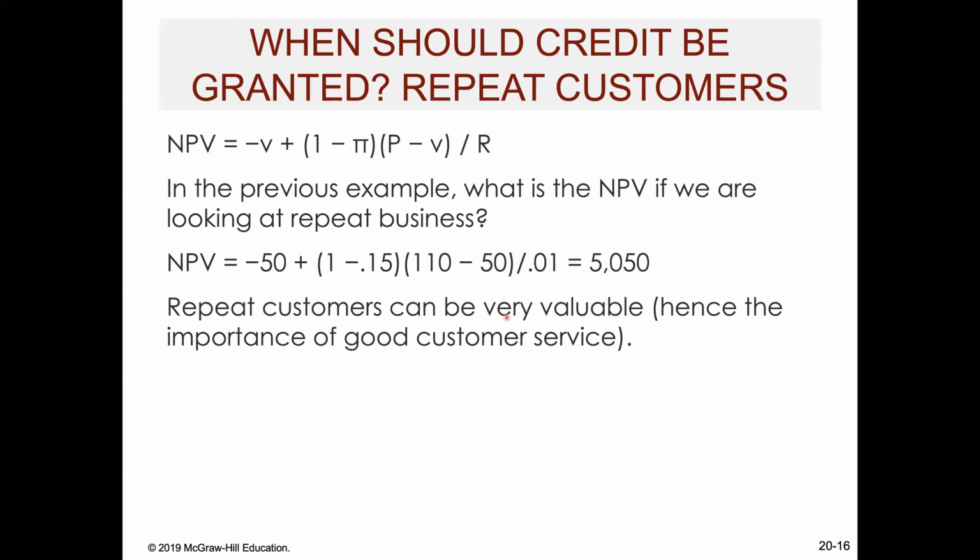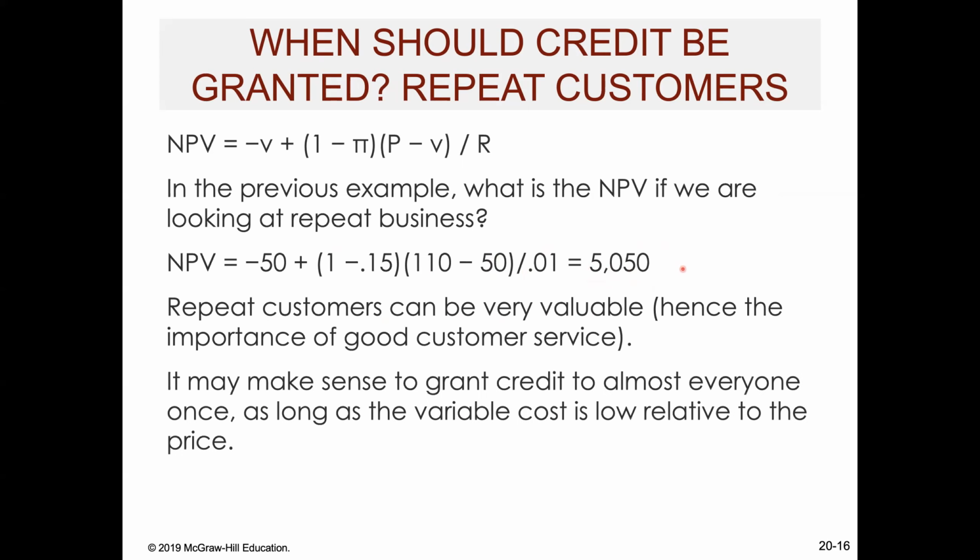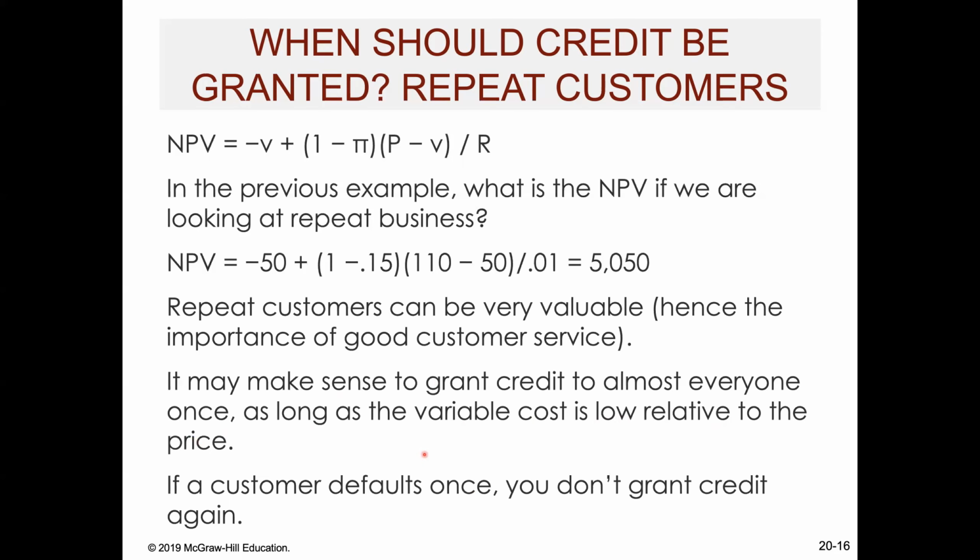Repeat customers can be very valuable, hence the importance of good customer service. It's much better to keep a customer than to try and find one. So it makes sense to grant credit to almost everyone once, as long as the variable cost is low relative to the price. If a customer defaults once, you don't grant them credit again.